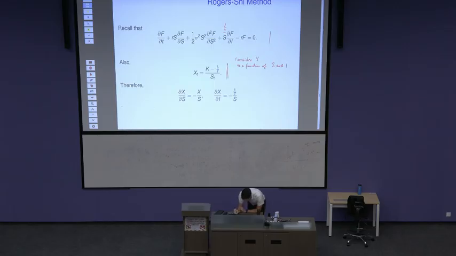I have k minus I over t divided by st, so I get minus (k minus I over t) divided by st squared, right? I take the derivative with respect to the denominator, minus st squared. So I can write this as the original quantity with a minus sign divided by st.